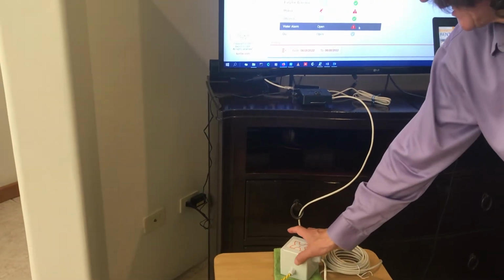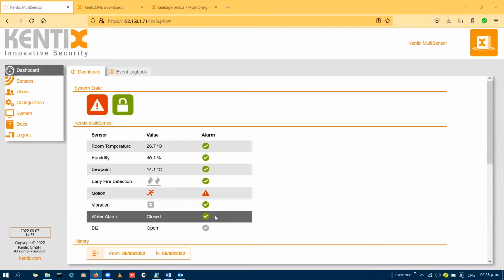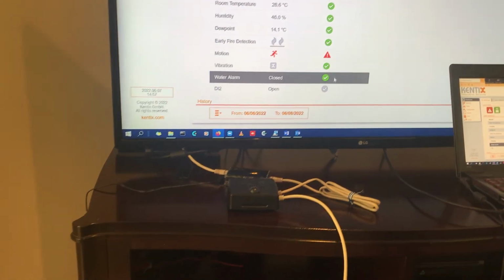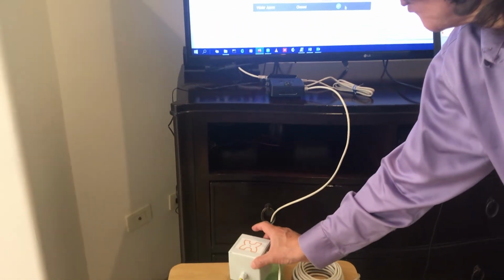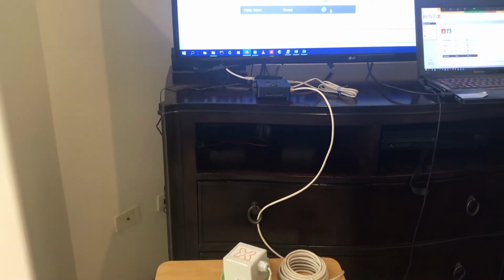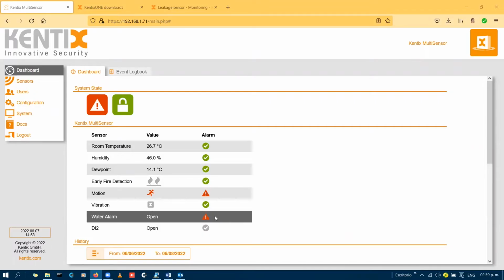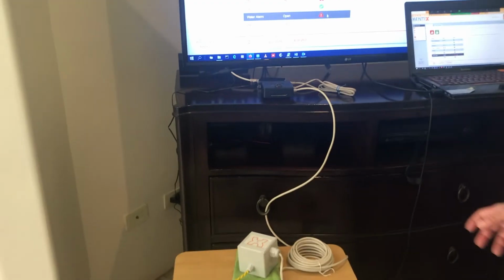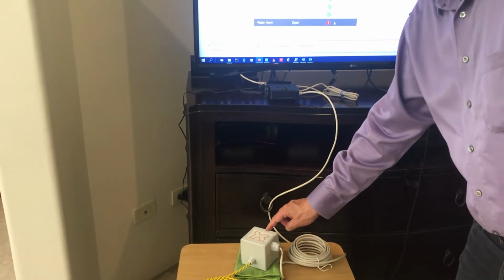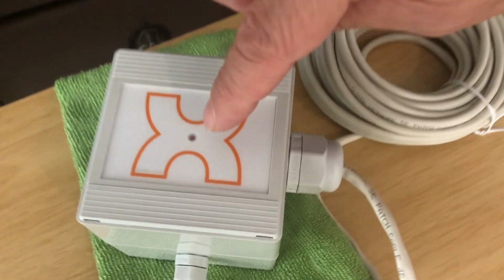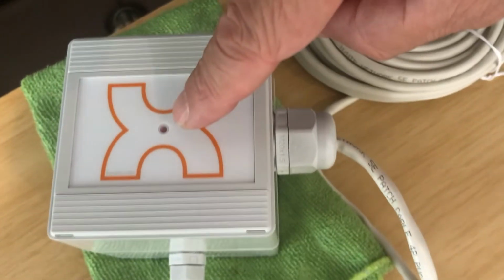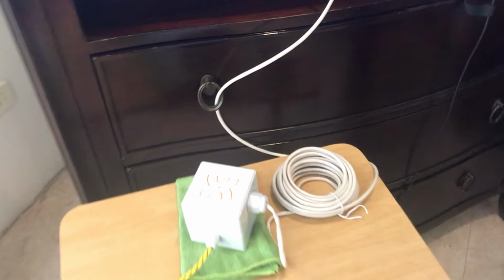I am going to take it out of the wet cloth, and you can see how fast it went to green. I will do it again so you see it. I will put it back on the wet cloth, and you can see that it went to red.